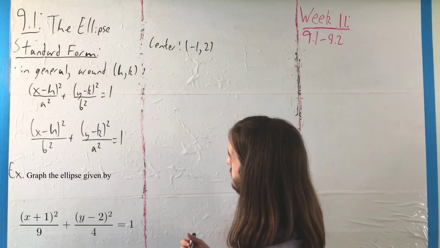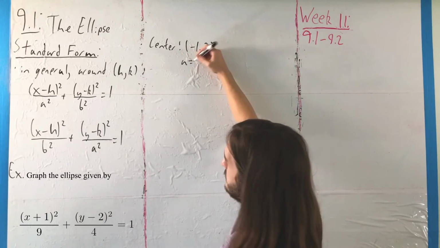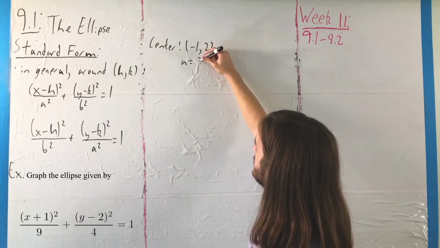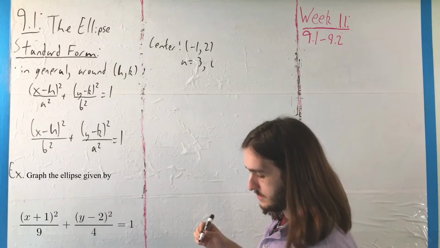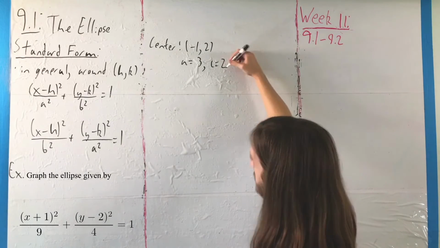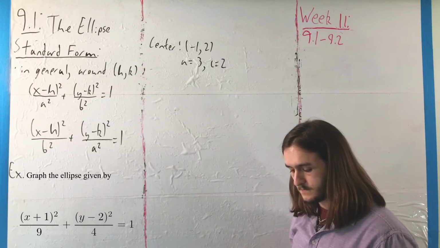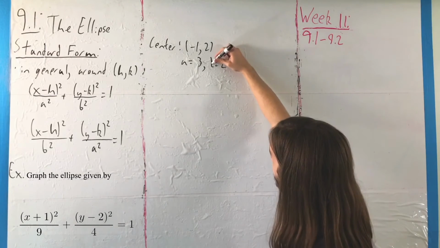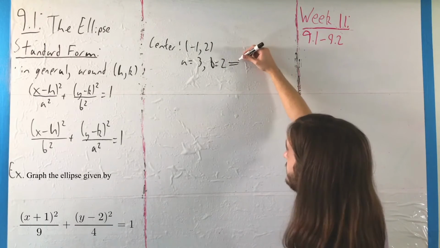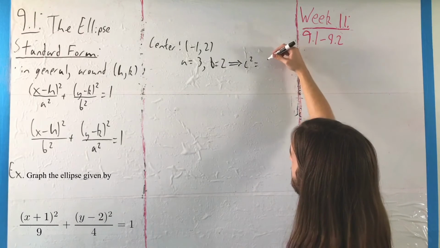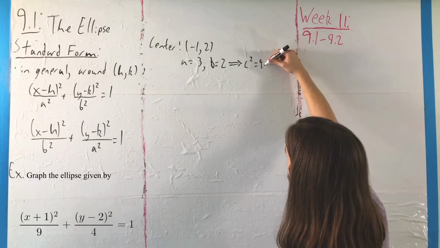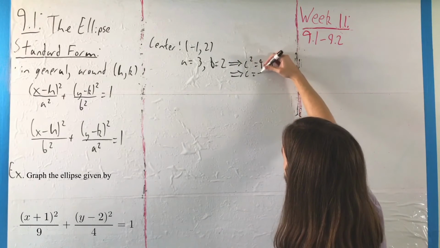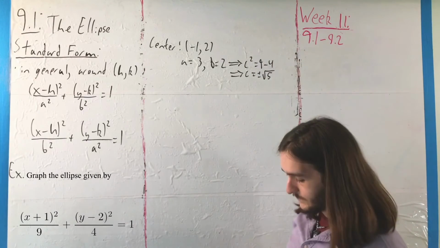Then we will have that a, the value squared underneath x in this case, is 3, and b, for similar reasons, is equal to 2. We can use that to get that c is going to be equal to the square root of 9 minus 4, or c is plus or minus root 5.